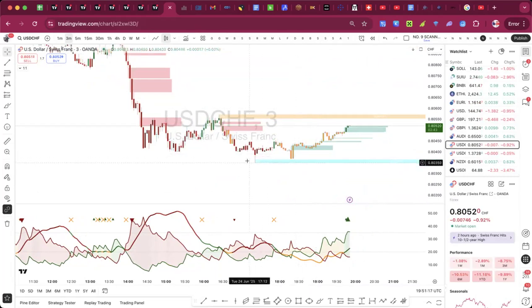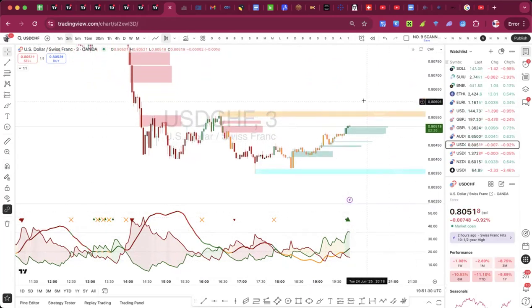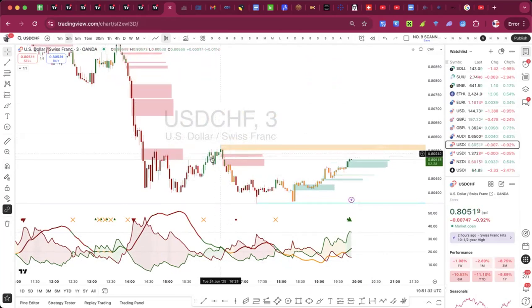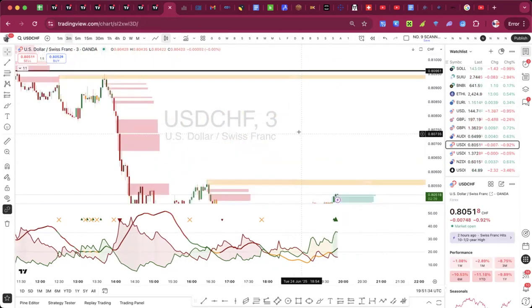For anyone who was following it, perhaps find an entry over here. The scanner already shows a buy, and now it's showing some kind of little strength. But whatever strength is showing, you need to take out this high. Once you take out this high, the next target is this.